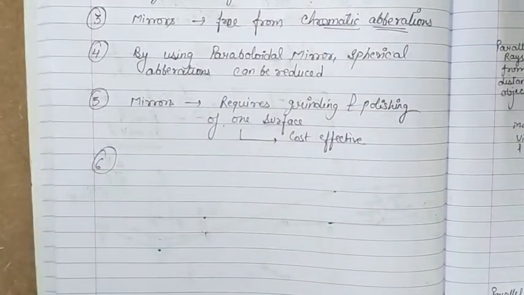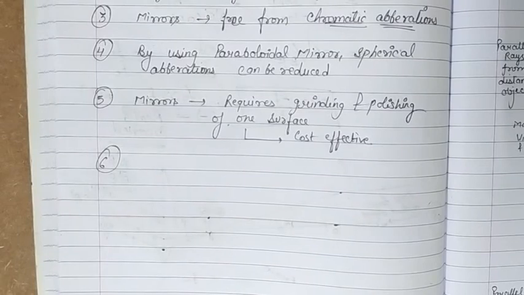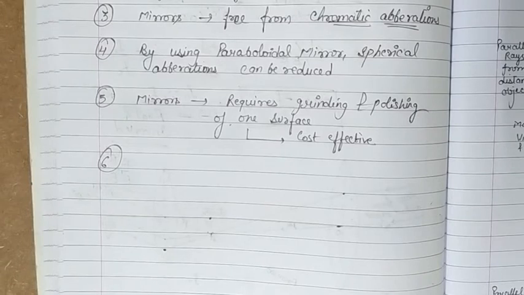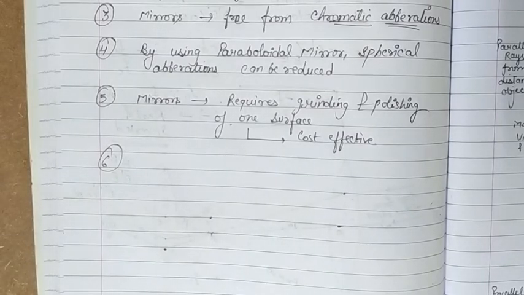The next advantage of a reflecting type telescope is that if we use a refracting type telescope with a lens of large aperture, the lens is very heavy and it is difficult to make as well as to support by its edges. A lens we have to support just from the edges, while a mirror we can support from the whole surface, so it will be easier.